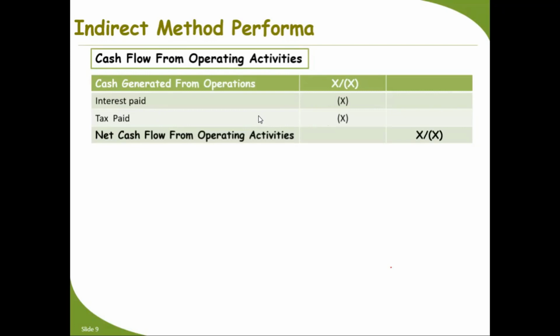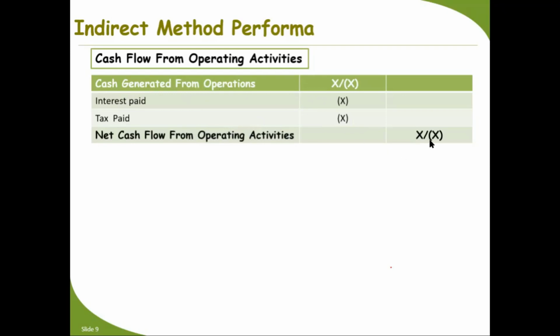Why did we not add back actual tax expense? Because we have used profit before tax. If you are using profit after tax, then you will add back tax expense in your operating activities. We subtracted these two from cash generated from operations.